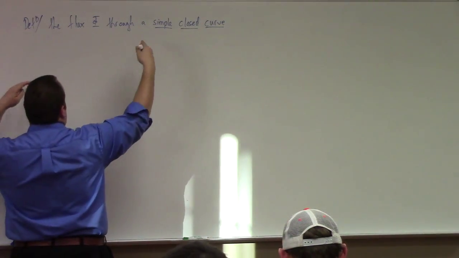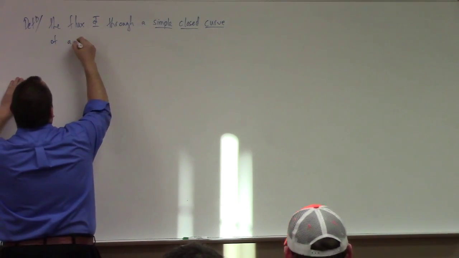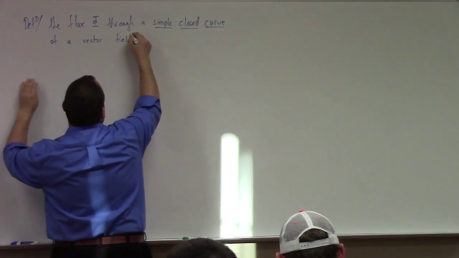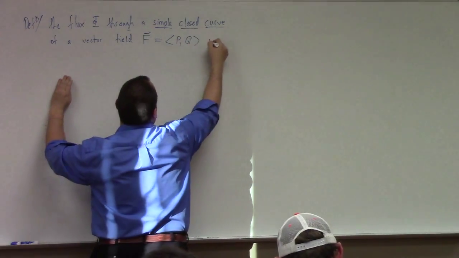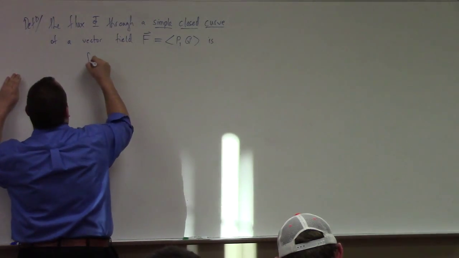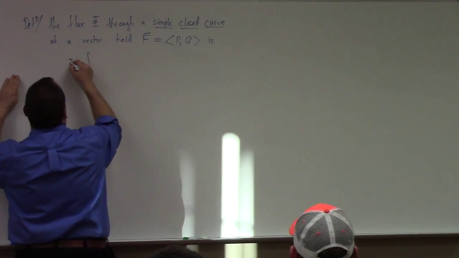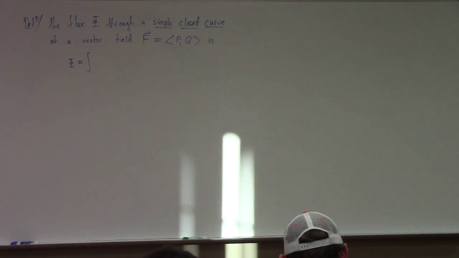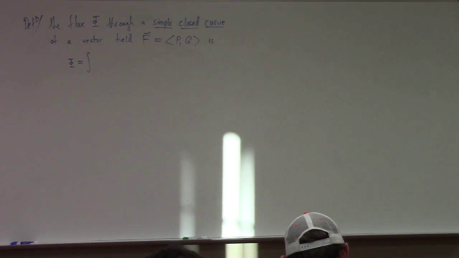Simple closed curve. The flux phi through a simple closed curve of a vector field F equal to P comma Q is the integral, flux is equal to the integral of F dot n ds.